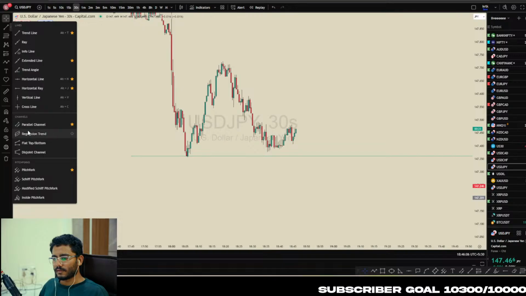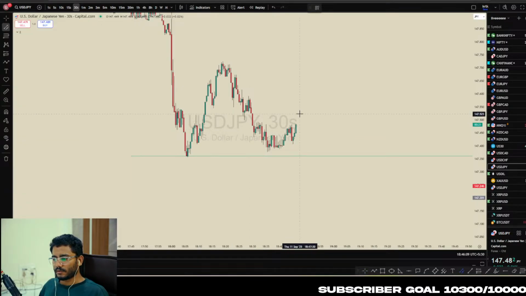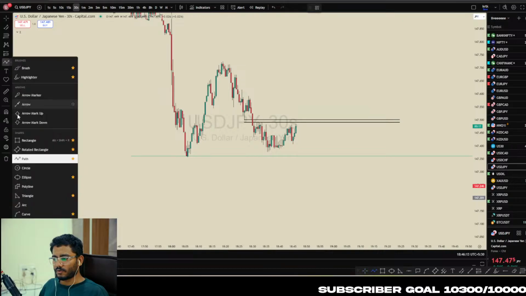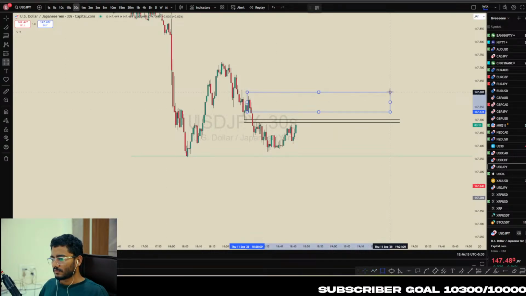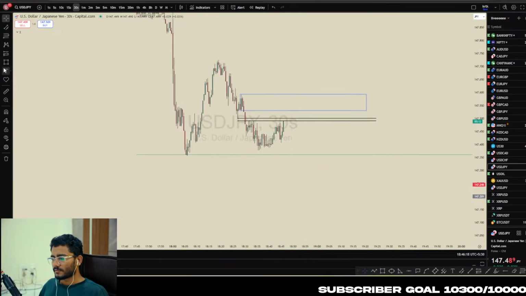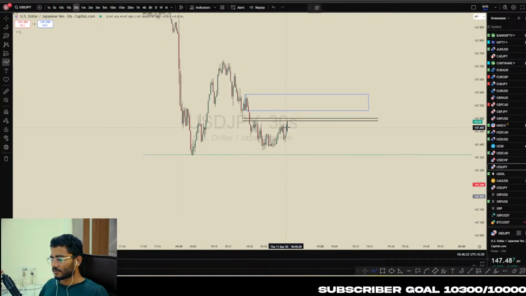Right now it's this one. If you look at 30 seconds, there is this order block over here. But price didn't break the structure. That's the thing.